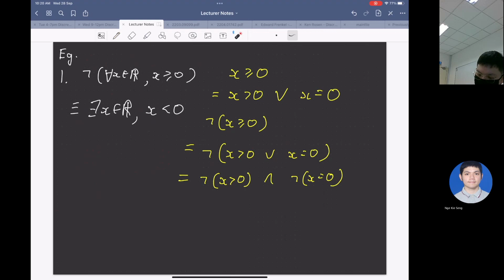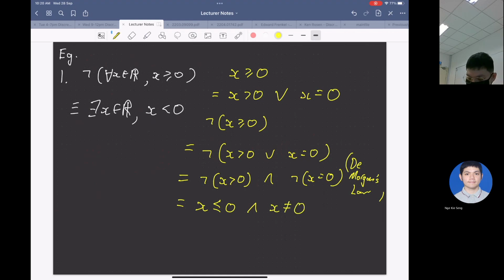You put the not inside, negate each statement, and the or becomes and. So not x greater than 0 is x less than or equal to 0, and x not equal to 0.